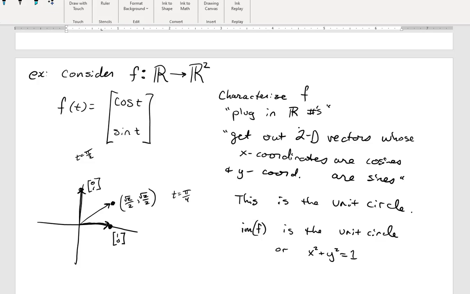The parametric equations for the unit circle: x equals cosine t, y equals sine t. That's the set of outputs. Everything that's an output for this function is any point along the edge of the unit circle.